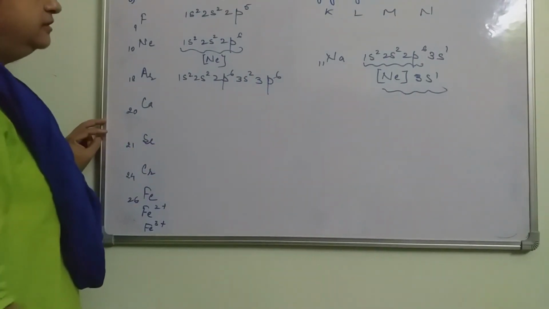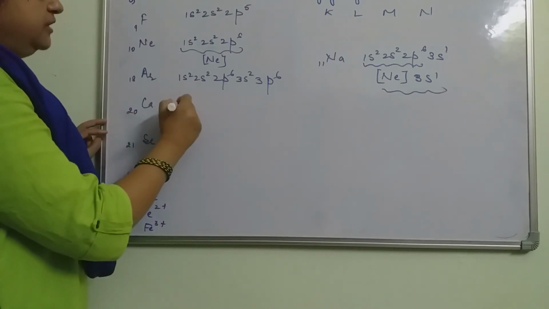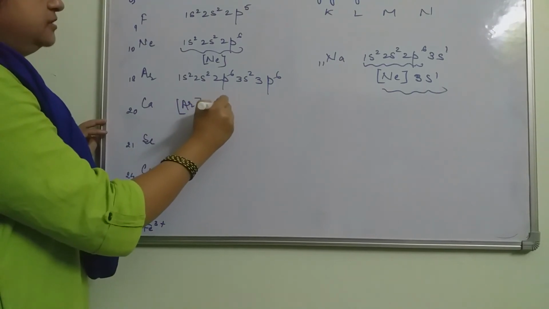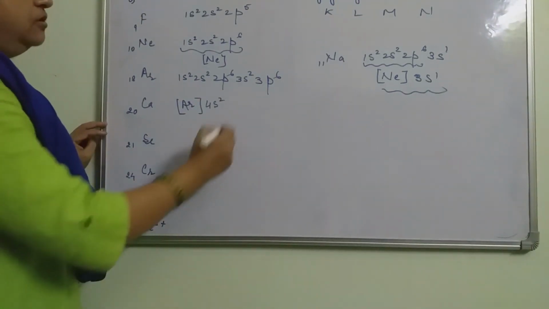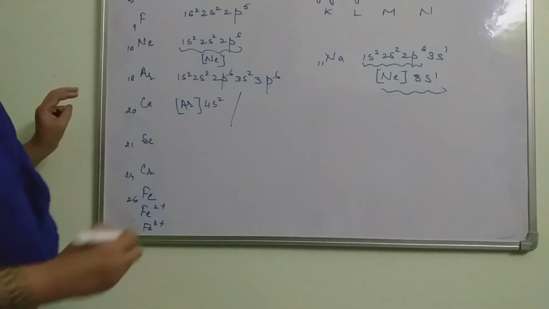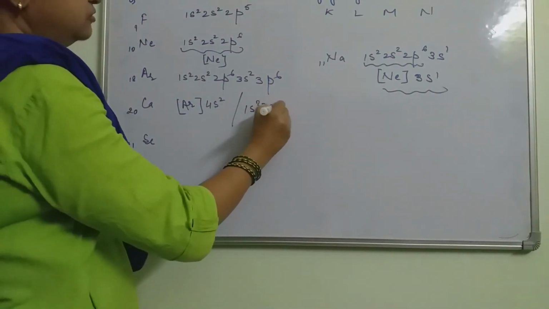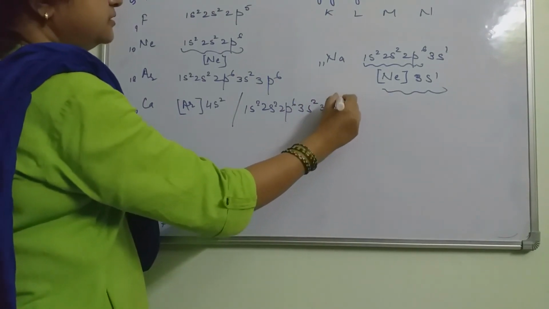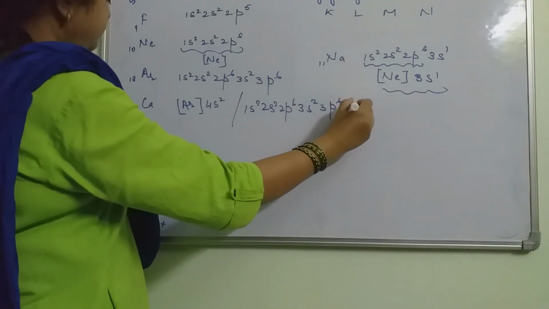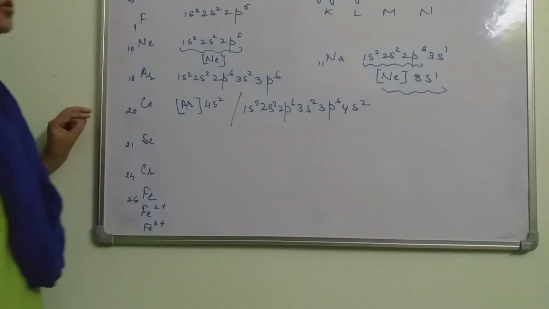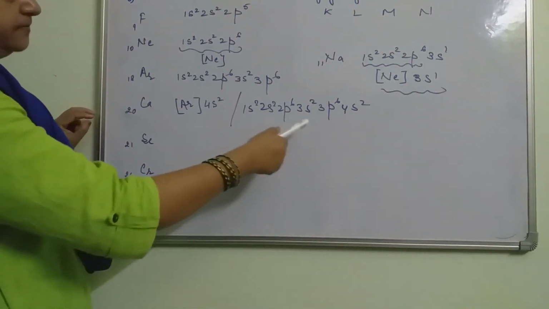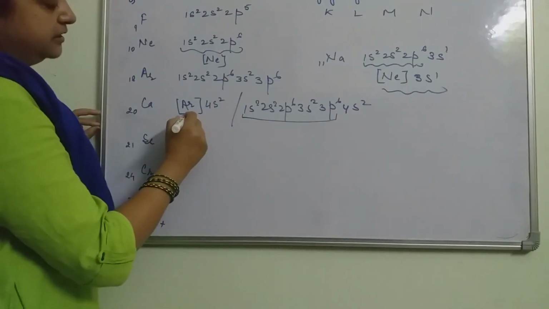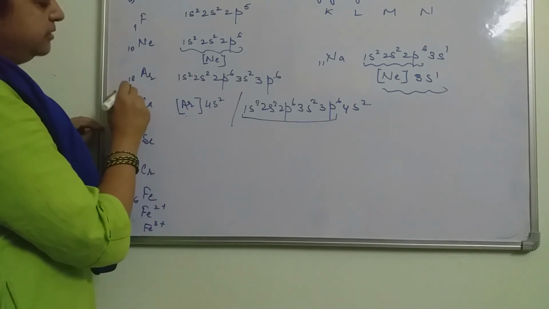Total is 18. So for calcium we can write argon 4s2, or 1s2, 2s2, 2p6, 3s2, 3p6 and 4s2, because in place of all these we can write argon, since the atomic number of argon is 18.